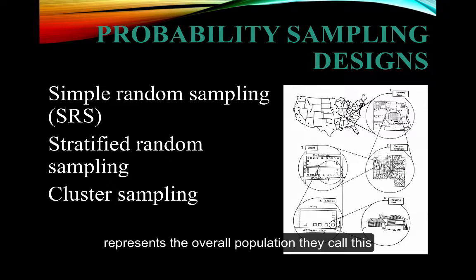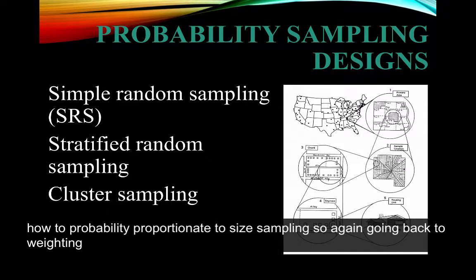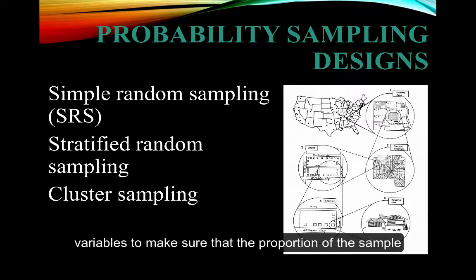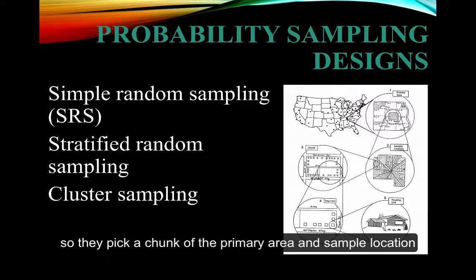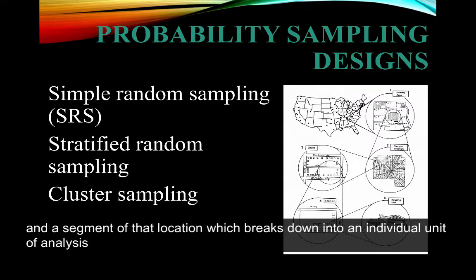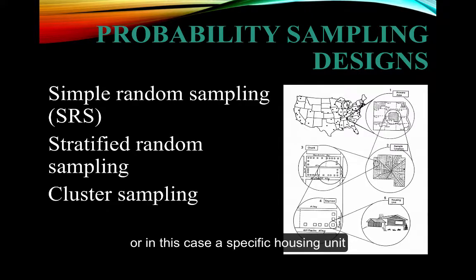They call this probability proportionate to size sampling. So again, going back to weighting variables to make sure that the proportion of the sample reflects the overall population. And this figure on the slide is an example of a two-stage cluster. They pick a chunk of their primary area and sample location, and a segment of that location, which breaks down to an individual unit of analysis, in this case a specific housing unit.